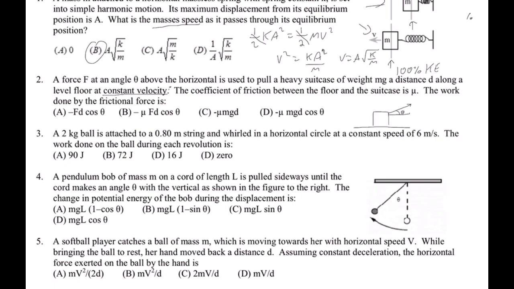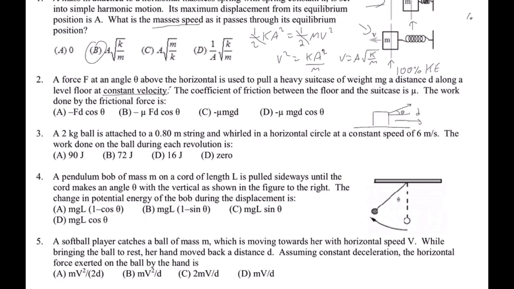And which direction is friction acting? Opposite to the direction of motion. Now, I drew this little diagram of what's happening here. The heavy suitcase isn't moving up, right? It's moving some distance d along this floor.